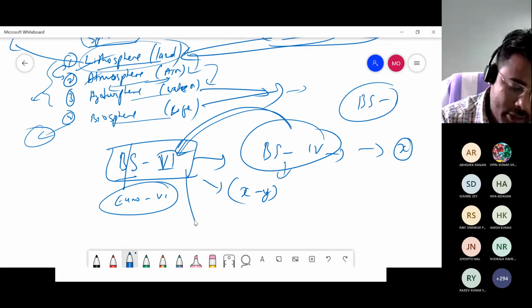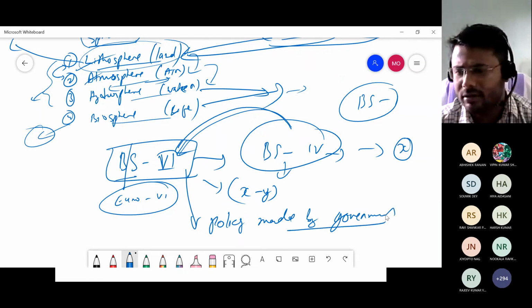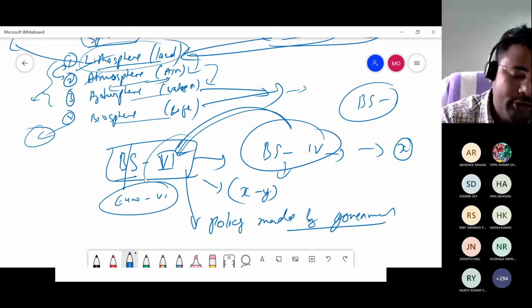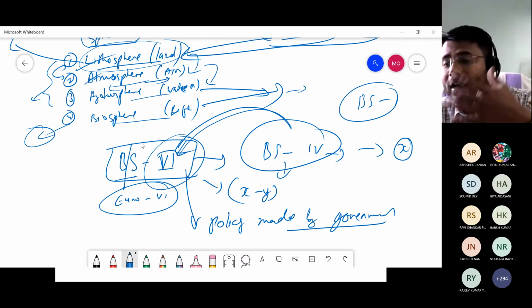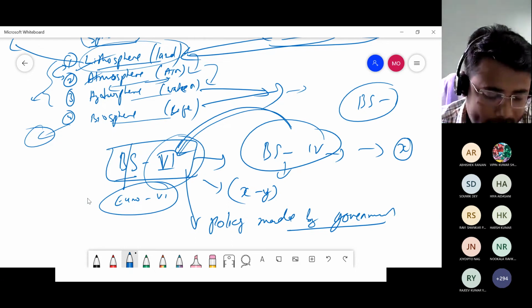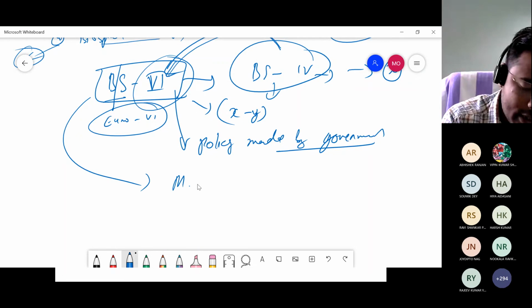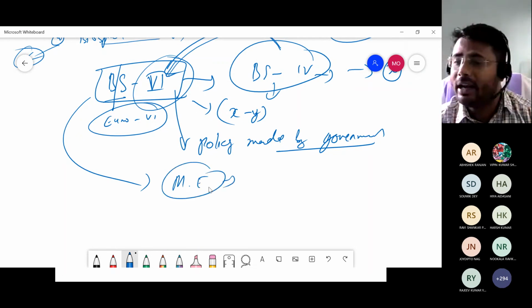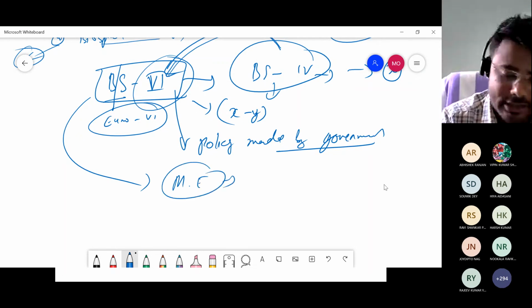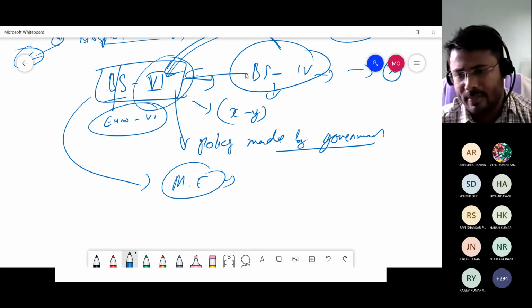This is a policy made by the government. And in order to create a BS6 norms car, an engineer has to work, right? A mechanical engineer has to work day and night to understand how to reduce the emission.